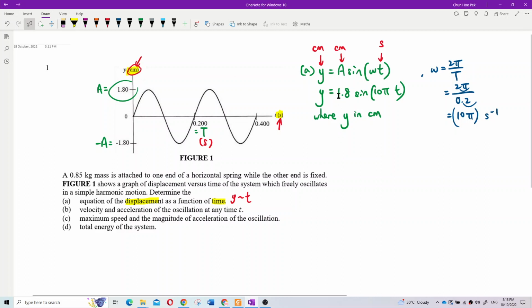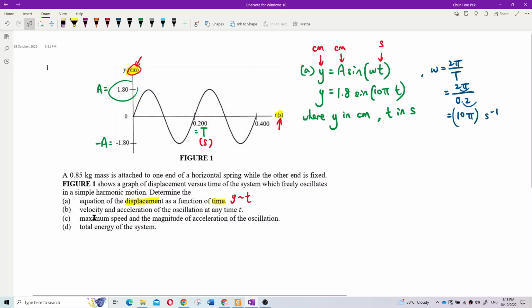Amplitude is centimeter, so when amplitude is centimeter, displacement also centimeter. So you must write where y in centimeter, comma, t in second.